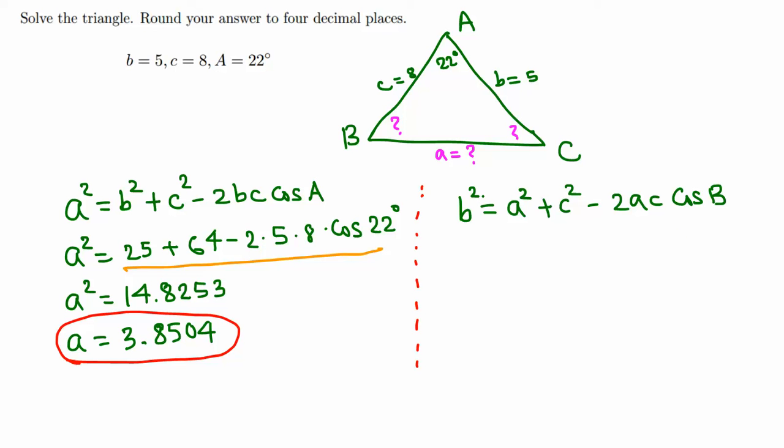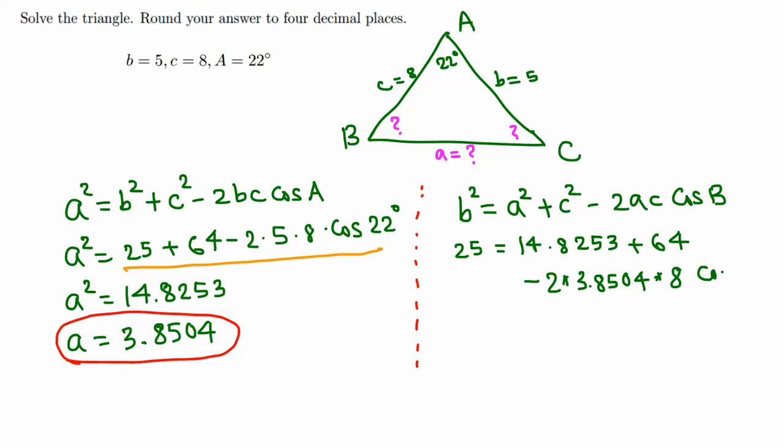Now b squared is 5 squared, 25. a squared is 14.8253, plus c squared, that's 8 squared, 64, minus 2 times a, which we just found, 3.8504, times c, that's 8, and cosine B. We are trying to find this angle B. Let's use our calculator.